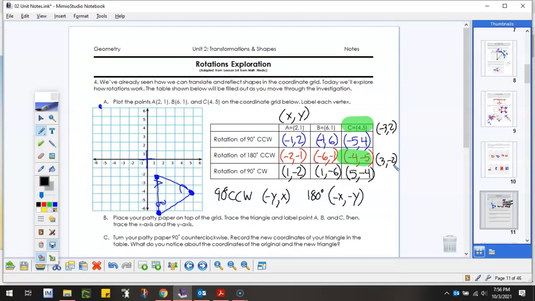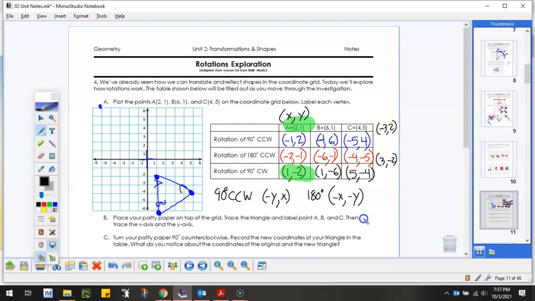The last set is 90 degrees clockwise or 270 degrees counterclockwise. I think 270 degrees counterclockwise is a little redundant, so I'm going to say 90 degrees clockwise more often than not. Let's see how those points moved. Here was our point A at (2, 1), and here it is at (1, -2).